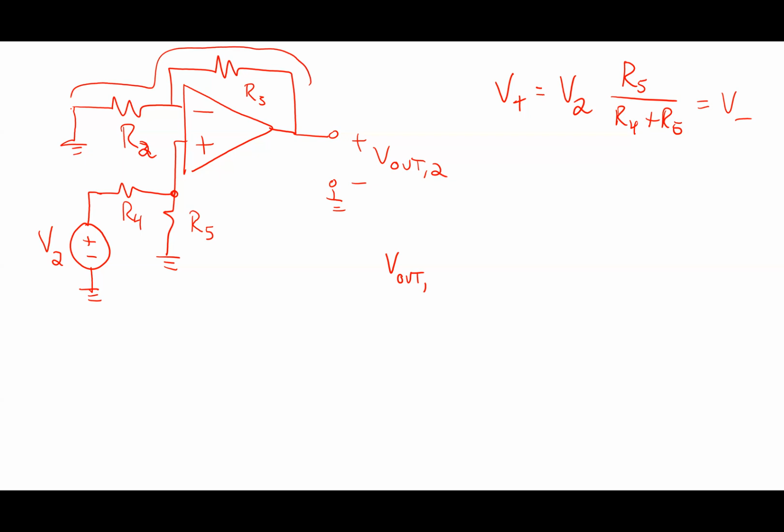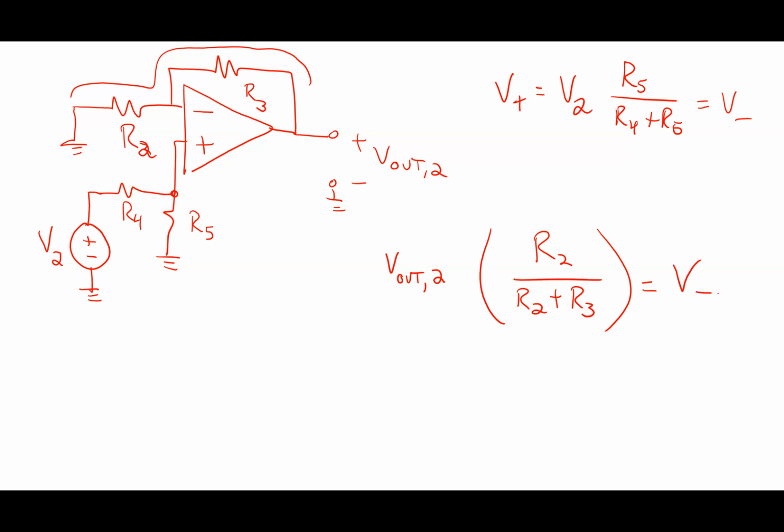So basically V out 2 times R2 over R2 plus R3, just to make it clear that that's R3, is equal to what? That voltage divider relationship tells me I just wrote the voltage at V minus.